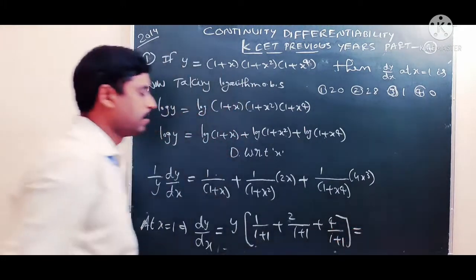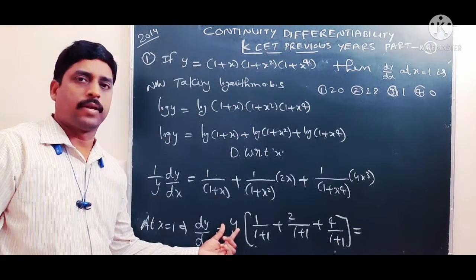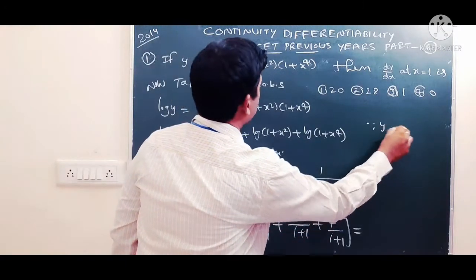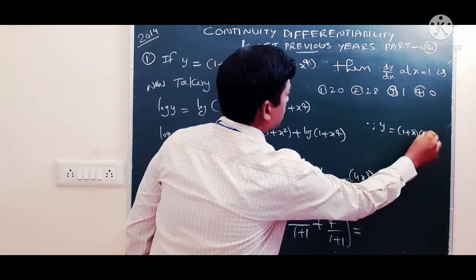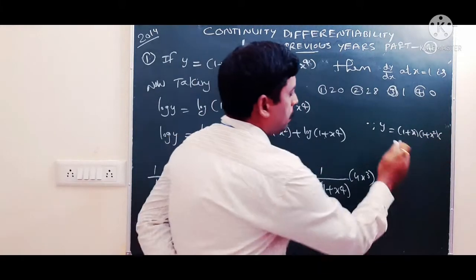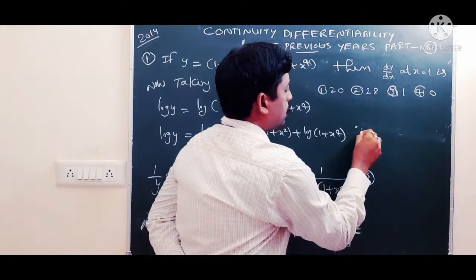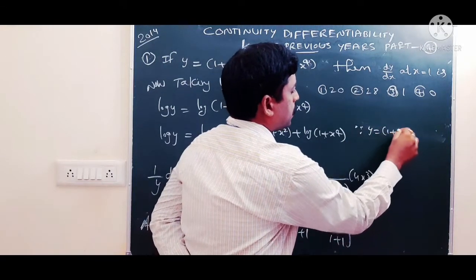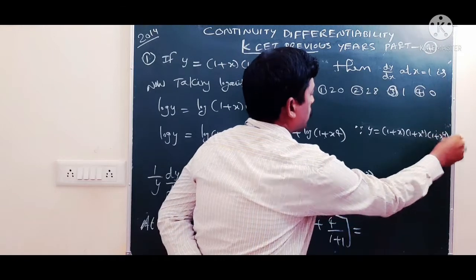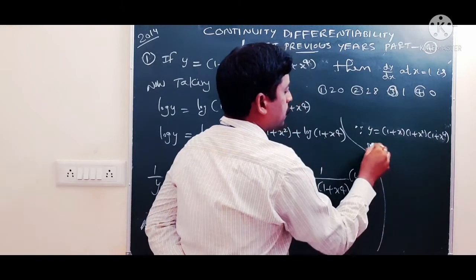In this, what is y? From the statement, what is given? y is equal to (1 plus x) into (1 plus x square) into (1 plus x to the power 4). Put x is equal to 1 in this value.